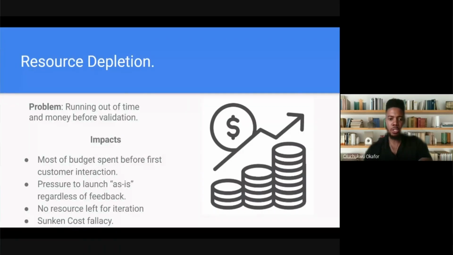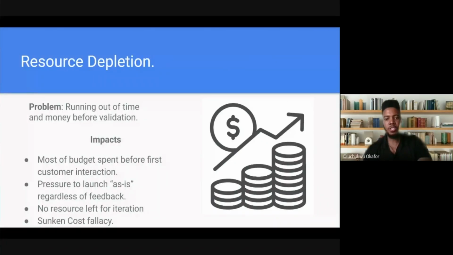Maybe you've spent all your money or all your time and you have to go back to your job or something. Because of this, it might make you inflexible. So you might have the sunk cost fallacy. I don't know if people know what that is. Basically, it's a fallacy in which because you've already spent so much, you just want to carry on.